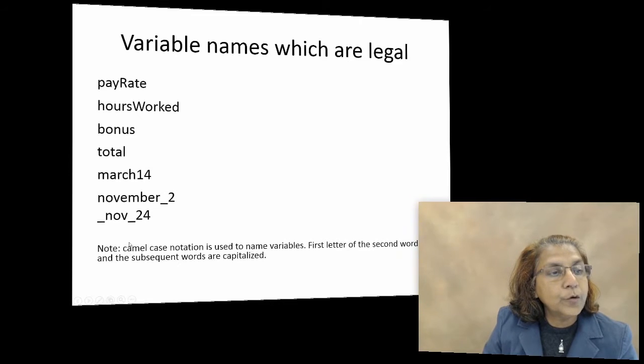And you must have noticed in payRate and hoursWorked, the letters R and W are capitalized. The reason is we are using camel case notation. In camel case notation, we capitalize the first letter of the second word and the subsequent words. The word camel is used because of the hump the camel has.